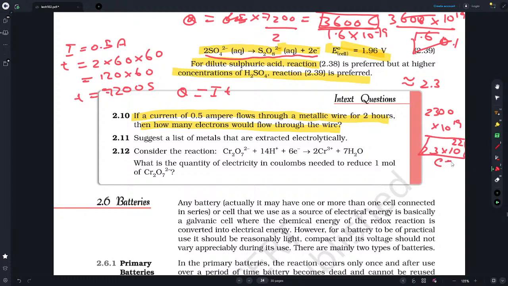This many electrons will flow through the wire: 2.3 times 10 power 22 electrons.